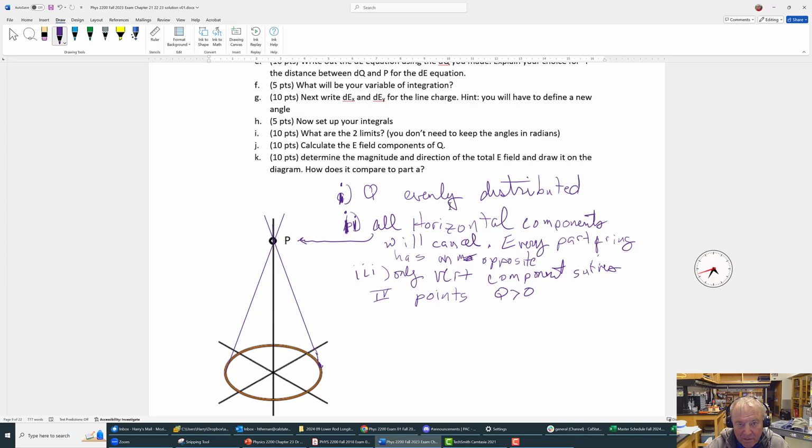So the net field is going to point like this.